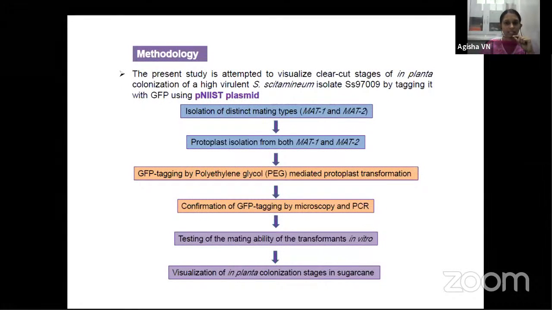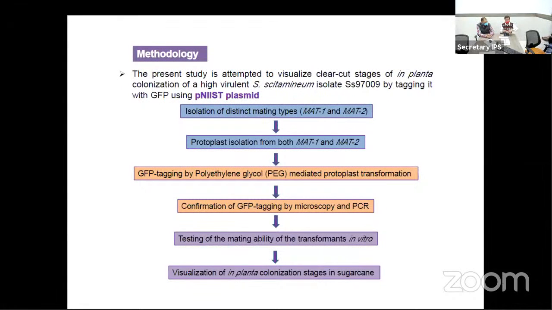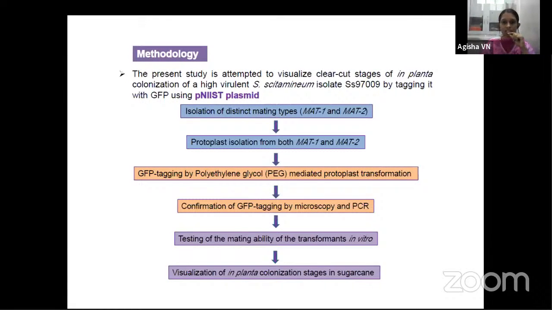The present study attempted to visualize clear-cut stages of in planta colonization of a highly virulent S. scitamineum isolate, SS97009, by tagging it with GFP using the pNIST plasmid.